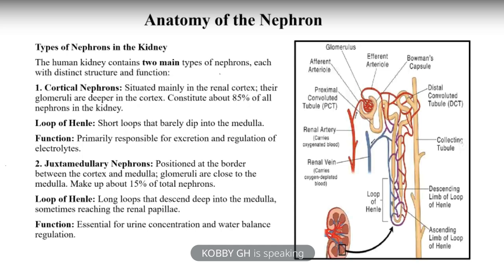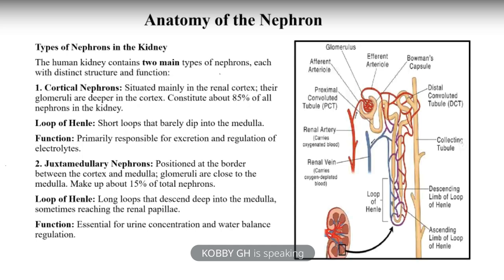If you really want to understand the various types of nephrons, we use the position of the renal corpuscle. And you know the renal corpuscle already. The renal corpuscle refers to the glomerulus plus the Bowman's capsule combined. That is what forms the renal corpuscle.